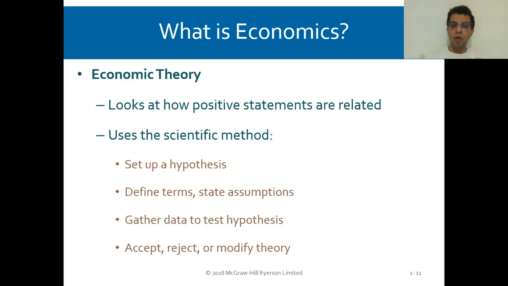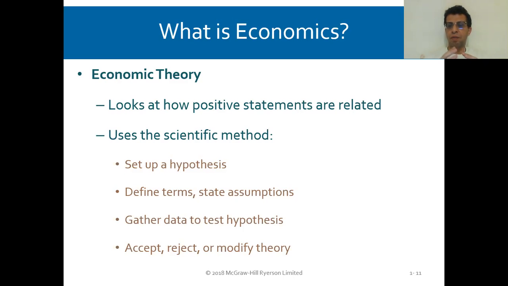Now, look at how positive statements are related. Now, use the scientific method. When you build an economic theory, you use a scientific method. Any theory that you're building needs a scientific method. Probably some of you took it in marketing research.